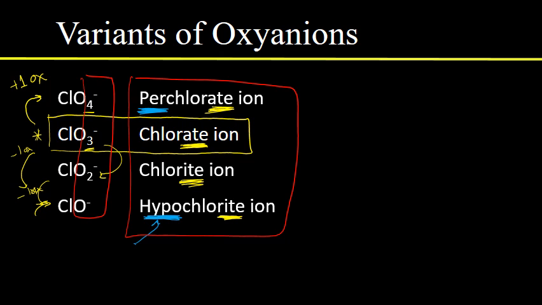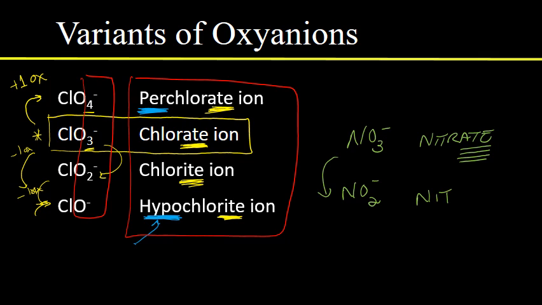So for example, if NO3 is nitrate, right, we can remove 1 oxygen to make NO2. Again, this charge stays the same, and this would be called nitrite. Right.